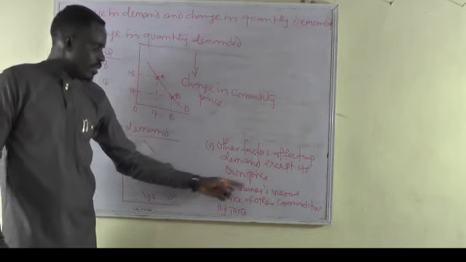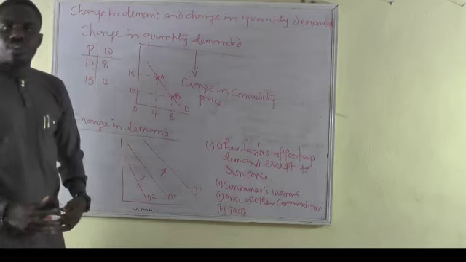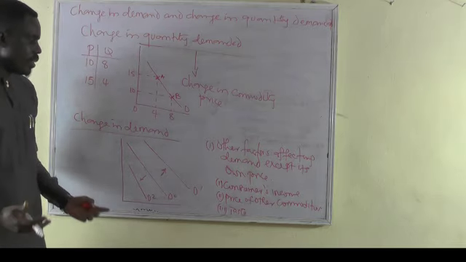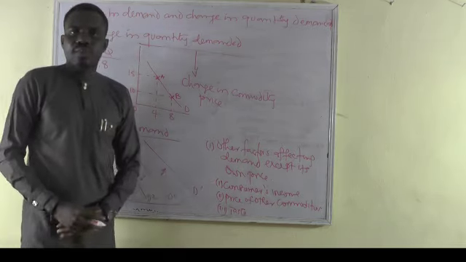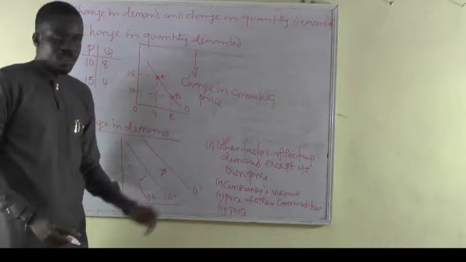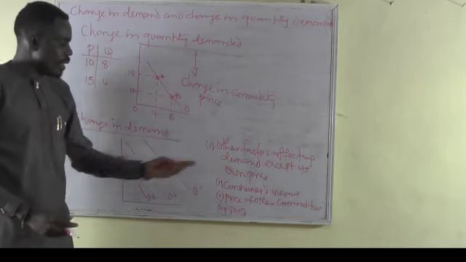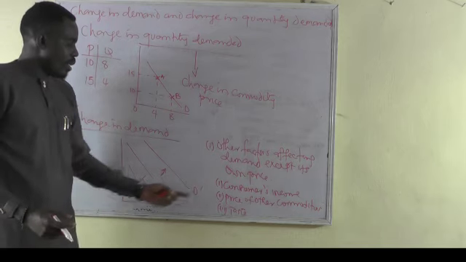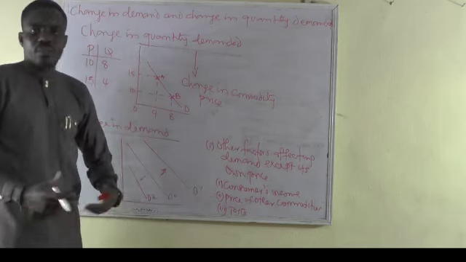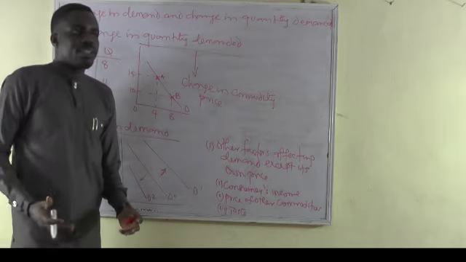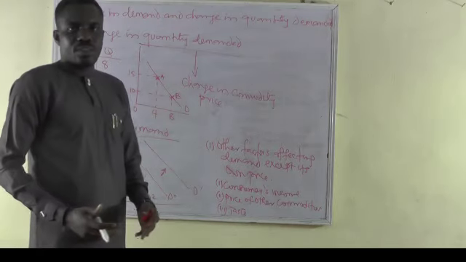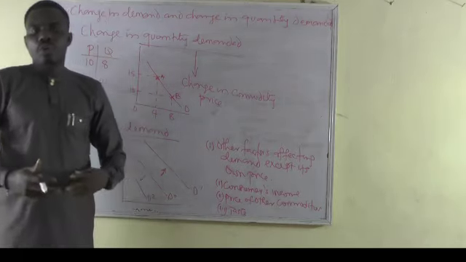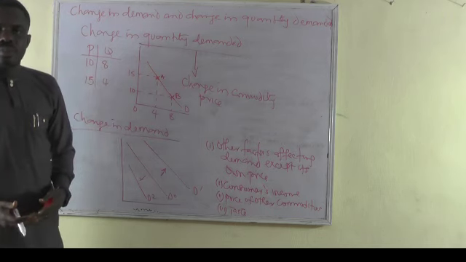Favorable condition will result in rightward shift. Unfavorable condition will result in leftward shift. For instance, if there is an increase in consumers' income, there will be a rightward shift of the demand curve. Otherwise, there will be a leftward shift. Also, if there is an increase in the price of other commodities, other commodities are explained in the context of complementary good or substitute.